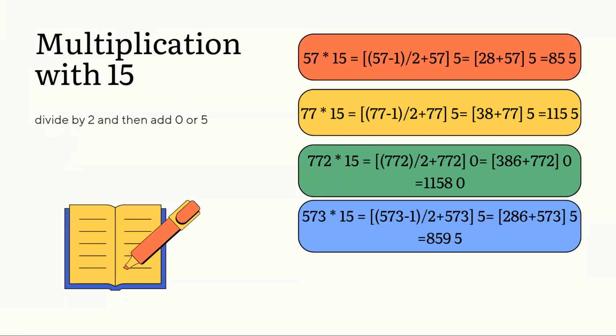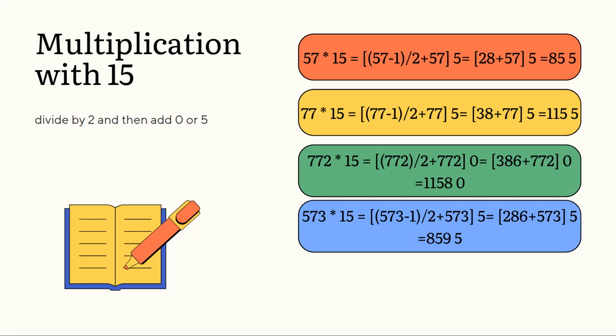multiplication with 15, right? Now we have seen multiplication with 37, we have seen multiplication with 99, or numbers in that manner, 9999, no matter how many nines, right? Then we have seen multiplication in the same range, when the last two digits sum up to 10, and then we have seen multiplication with 11.